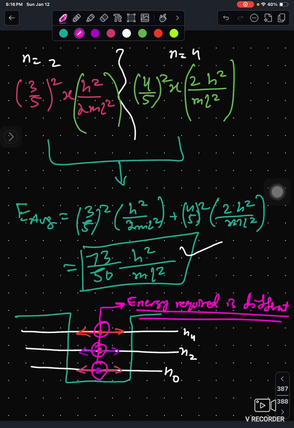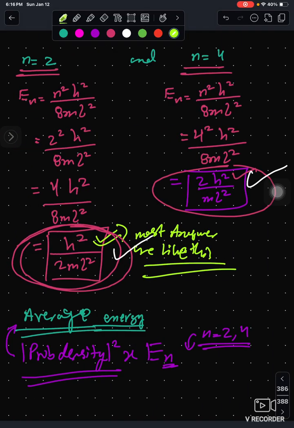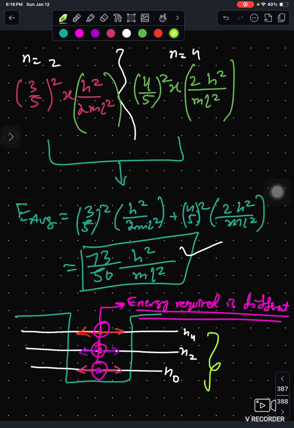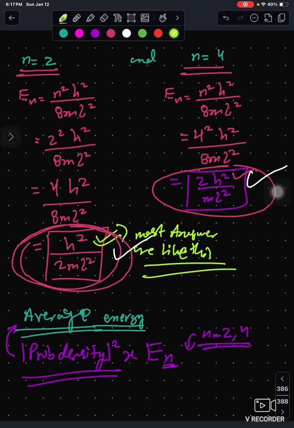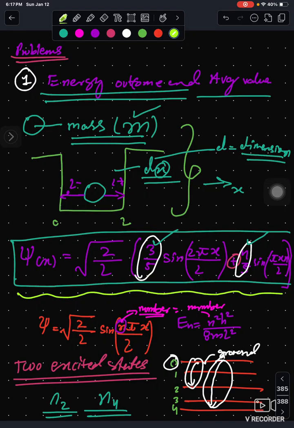I don't know if it's correct or wrong, but this is how I interpret the question: we are talking about the oscillation of the particle in different levels, and different levels have different inertia, of course, as the question says.